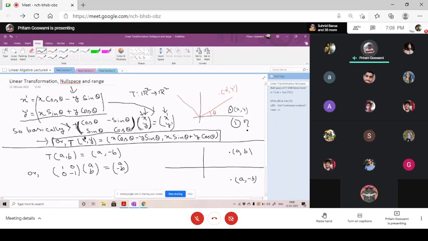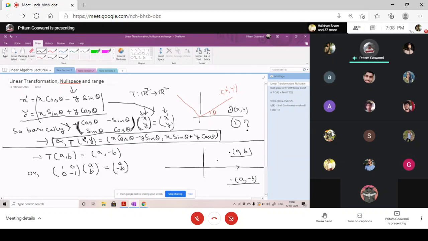Another example is this. Suppose A and B is a point here and it is the x-axis, and I take the reflection of that point considering the x-axis as the mirror. So the reflection would be the point A comma minus B, right?